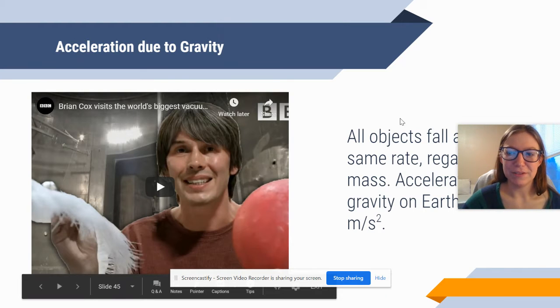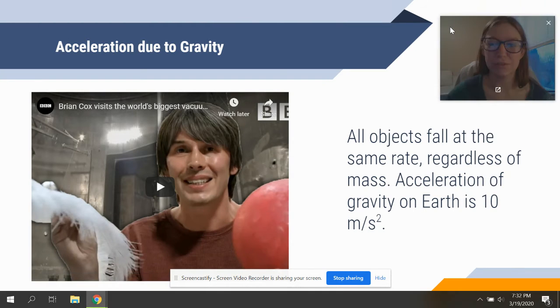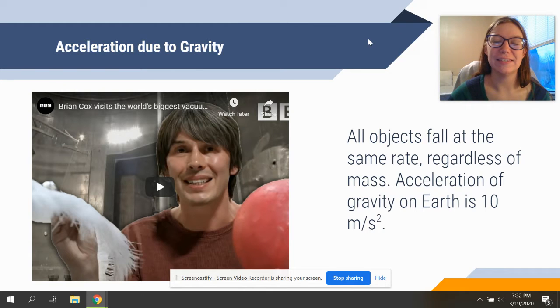I'm not going to play this video, but one of the important things to remember about Newton's second law is that when we talk about weight versus mass, mass is how many atoms make you up. It's not something that really changes. But weight is the pull of gravity on your body.